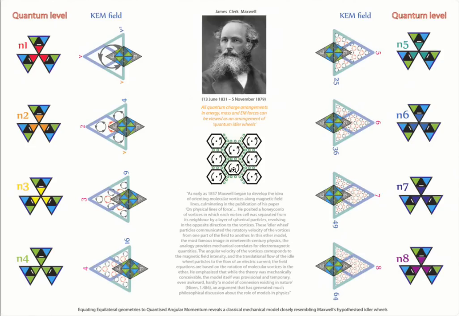So even though he may have been able to get this clockwise, anti-clockwise idler wheel arrangement going, he probably would have persisted with circular geometries, as physics and mathematics has for the last 3 centuries. When in fact we have equilateral geometries creating all our physical forces and all the manifestation of energy in the forms of mass and matter.